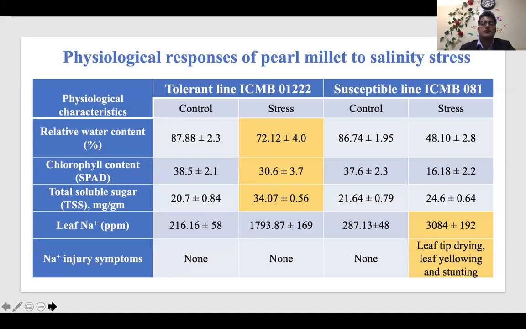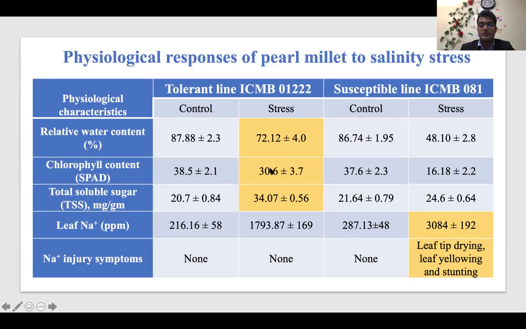Then we looked at the biochemical and physiological responses of pearl millet to salinity stress. We measured the relative water content, and you can see that during stress, the tolerant line had higher relative water content compared to the susceptible line. Although the relative water content decreased in the tolerant line, the decrease was very high in the susceptible line.